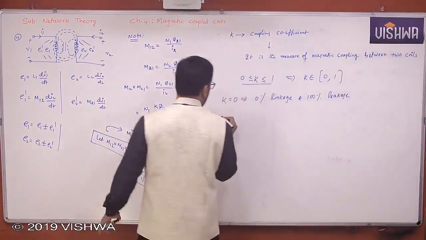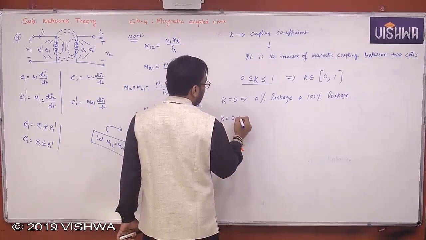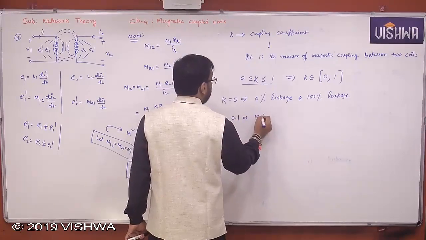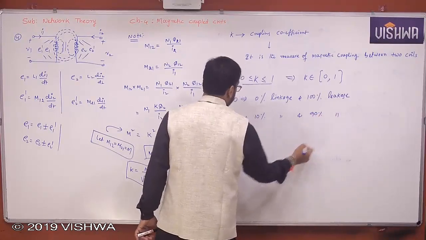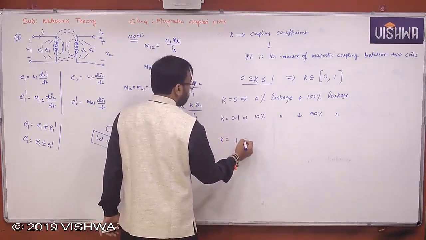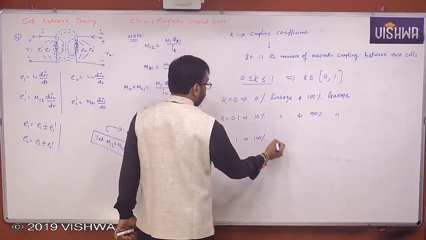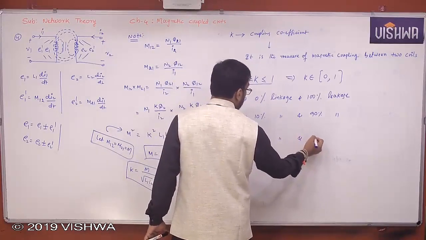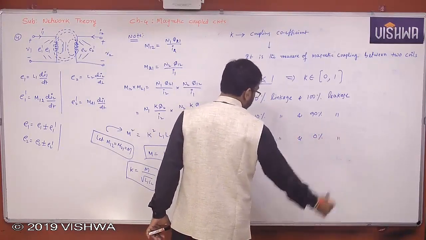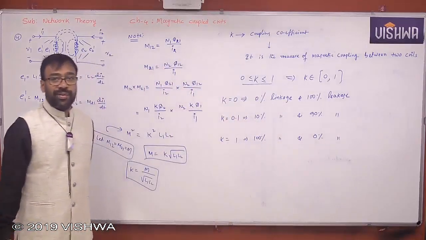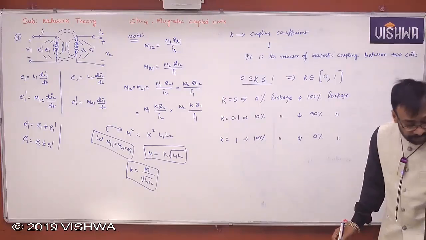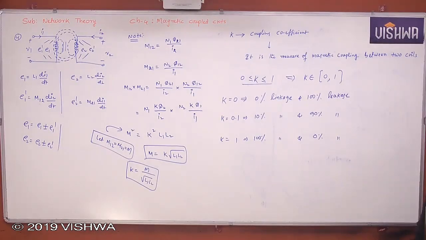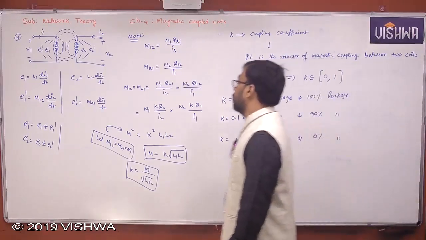K is equal to 0.1, let us say, 10% linkage and 90% leakage. K is equal to 1, 100% linkage and 0% leakage. This is how you can interpret with respect to K. Okay, so quickly note down all these things, all of you. Understood, all of you? Okay, so this is how you can interpret.